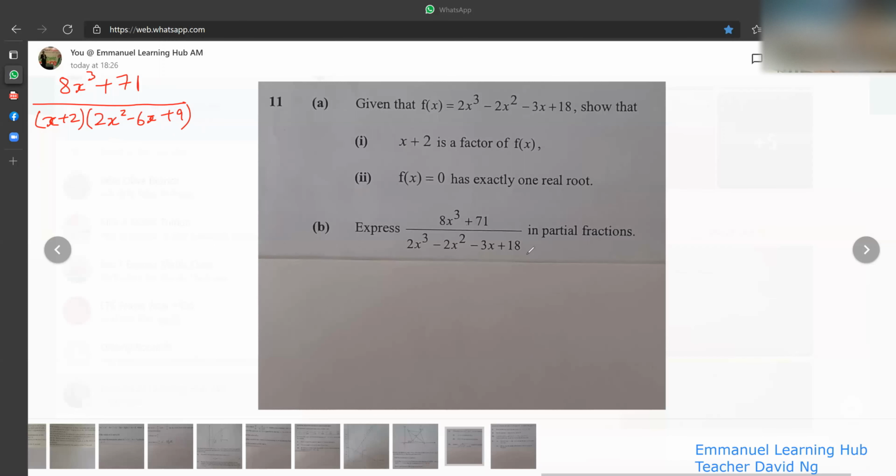Then in partial fractions, before you do that, you have to do the long division to get your quotient and the remainder. Because you see, 8x cubed over 2x cubed, this is an improper fraction.